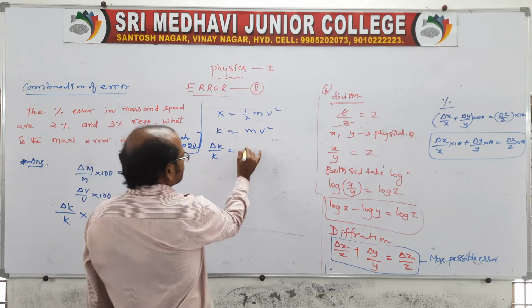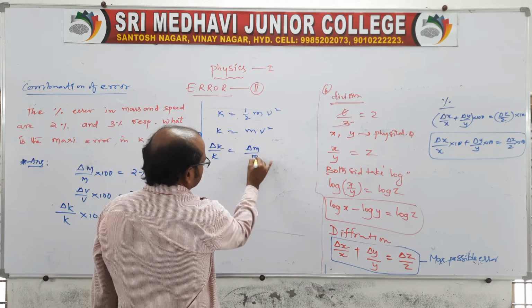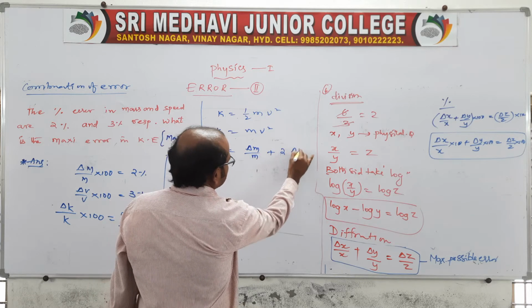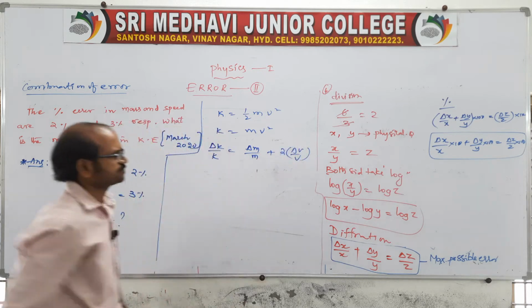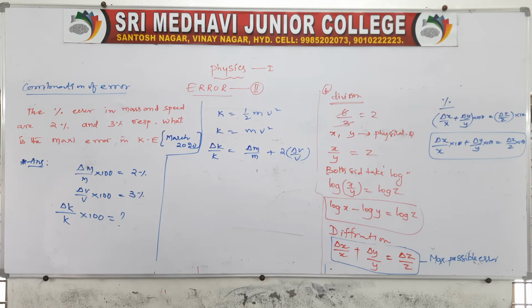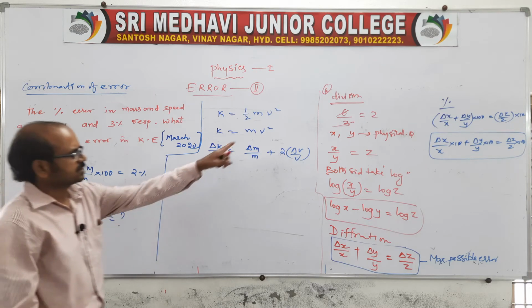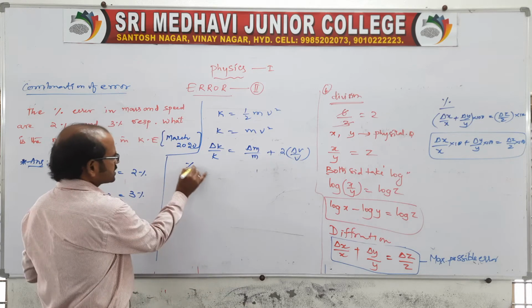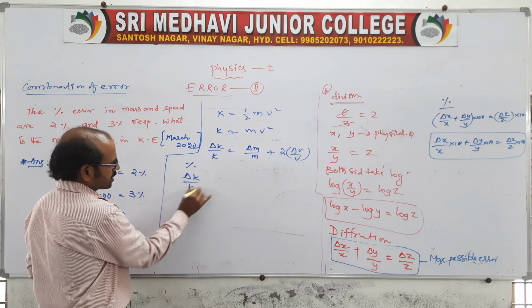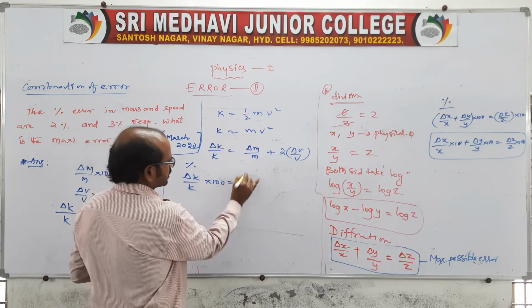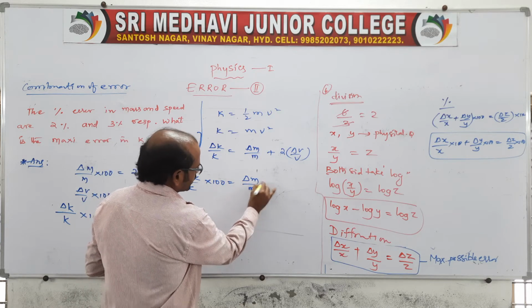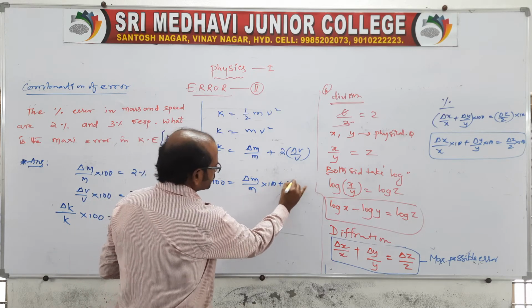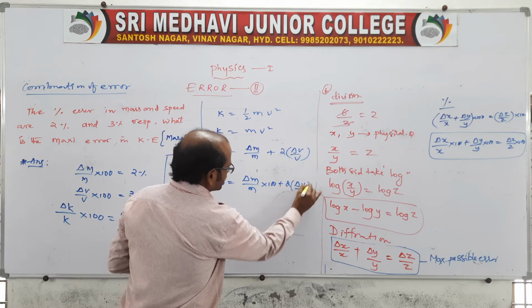So you write delta m by m plus 2 into delta v by v, because of the power, whatever the power is, you take like this. Now percentage is asked, so delta k by k into 100 is equal to delta m by m into 100 plus 2 into delta v by v into 100.